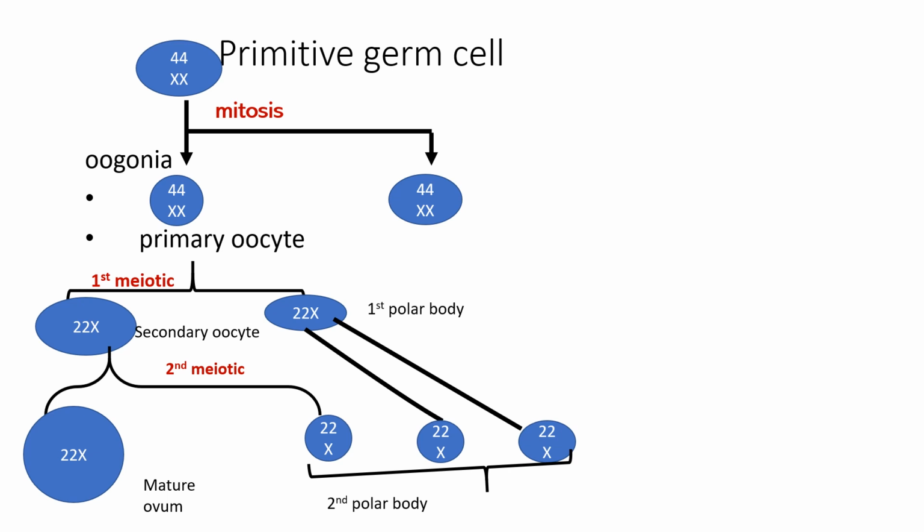Once the secondary oocyte forms, it undergoes second meiotic division, and the first polar body also undergoes division and forms two polar bodies. From the secondary oocyte, it produces the mature ovum and the second polar body is seen. Once the mature ovum is formed, only then is the oogenesis complete. Up to this, we have seen the video on oogenesis.